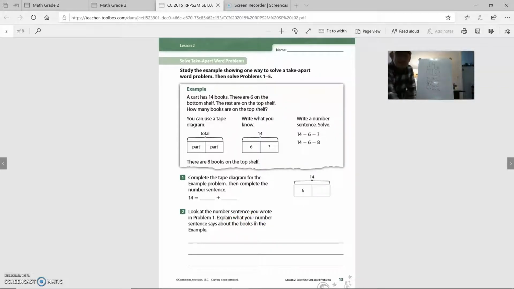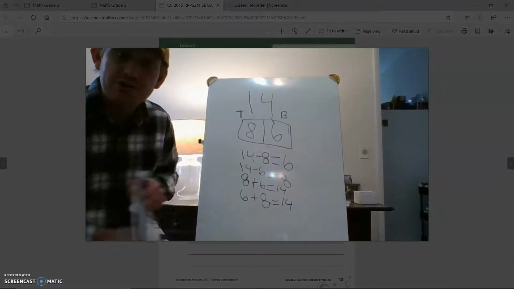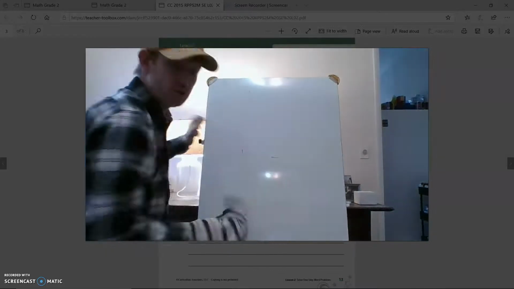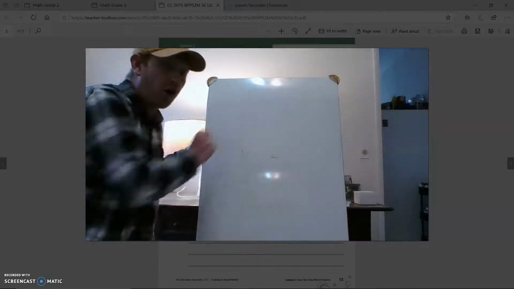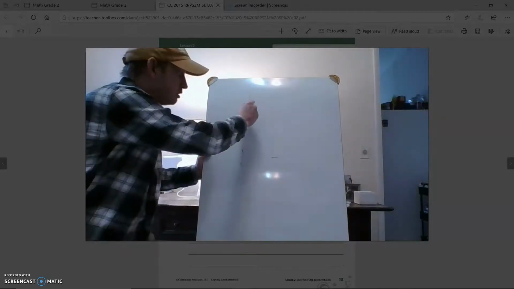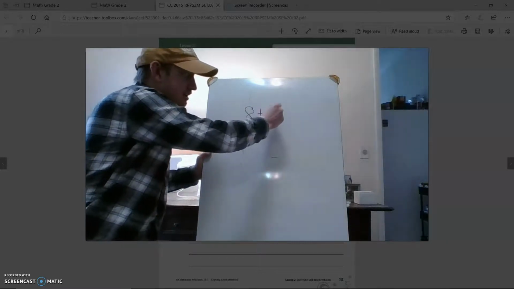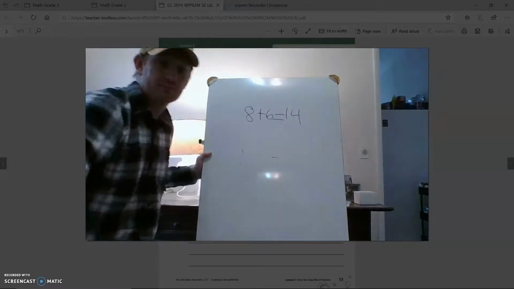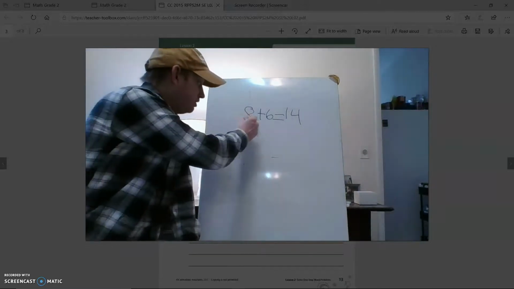Now, one of the things that can be tricky about word problems is just trying to figure out what they're asking. So they ask us to break down what our number sentence said. And our number sentence was 8 plus 6 equals 14. So all they're asking us is, what does this mean?